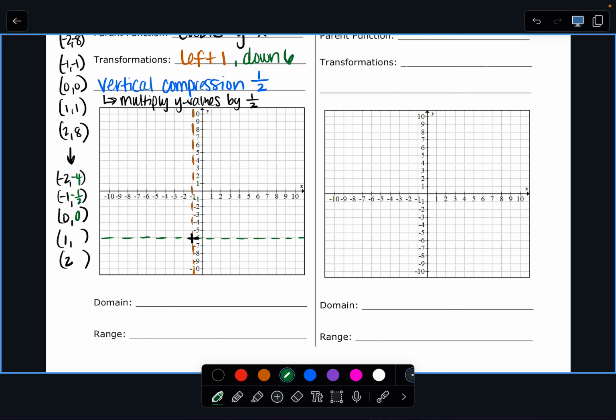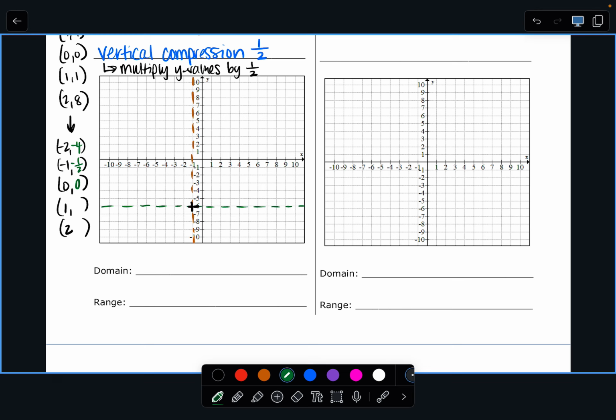The nice thing about a lot of these functions is they have some type of values where they're going to repeat themselves. So when I go to the other side of my cubic, because it has rotational symmetry, I do have the same values, they just change signs. So I have 1/2 and I have -4, or +4, sorry.